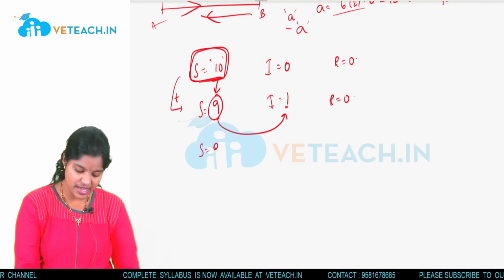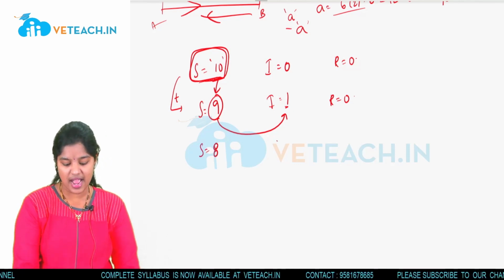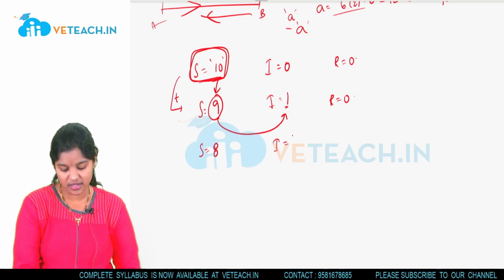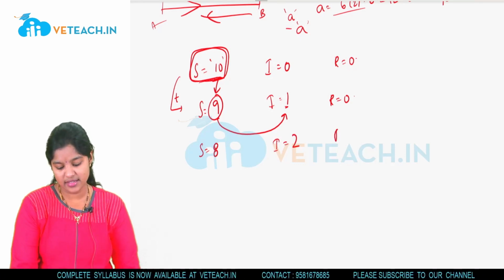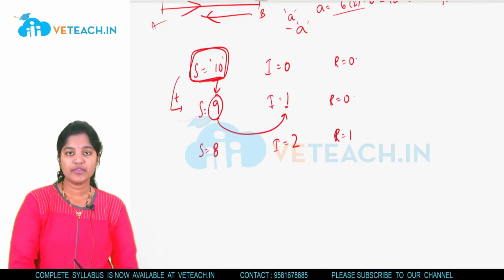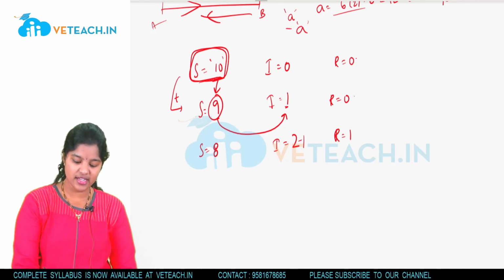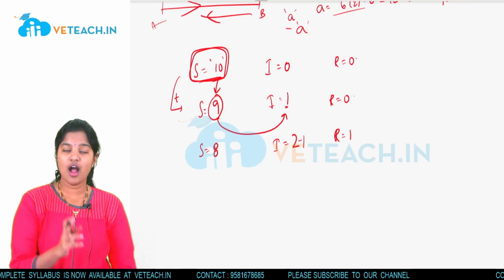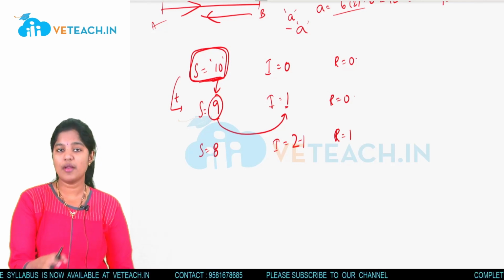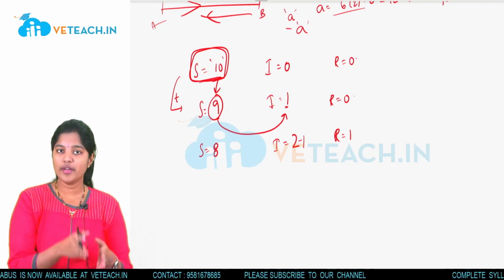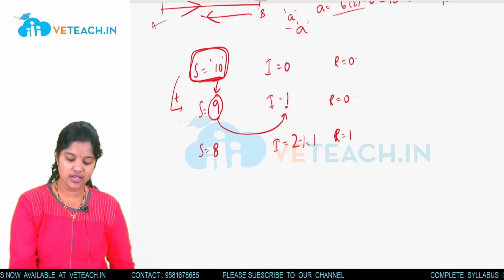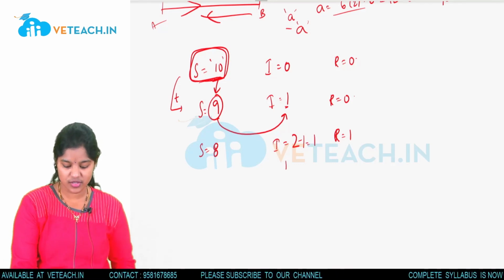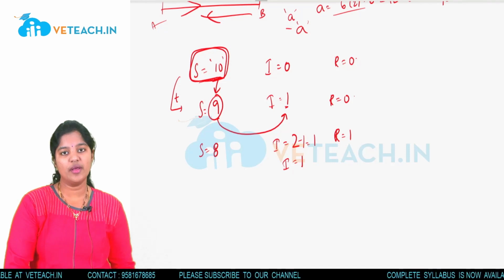After some time, the value of infected is 2 and recovery is 1. Recovery is 1 means out of 2 infected persons, 1 person got recovered, so 2 minus 1 equals 1. So understood? Here I is equal to 1.